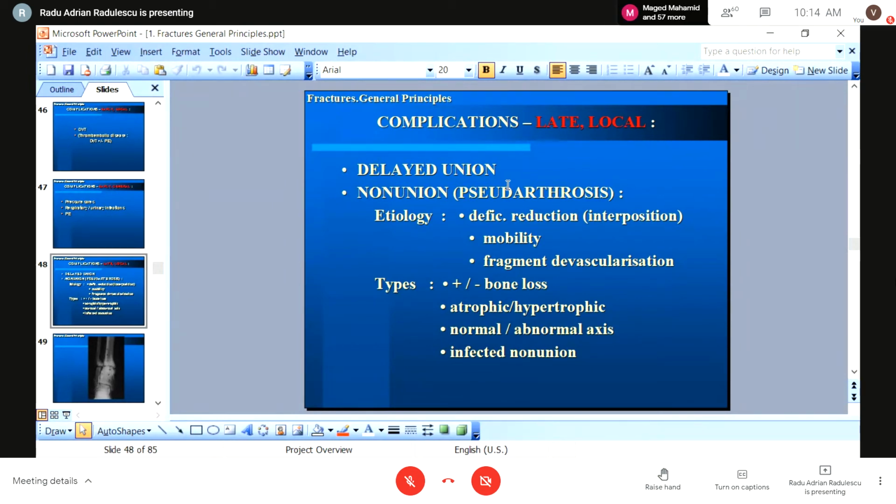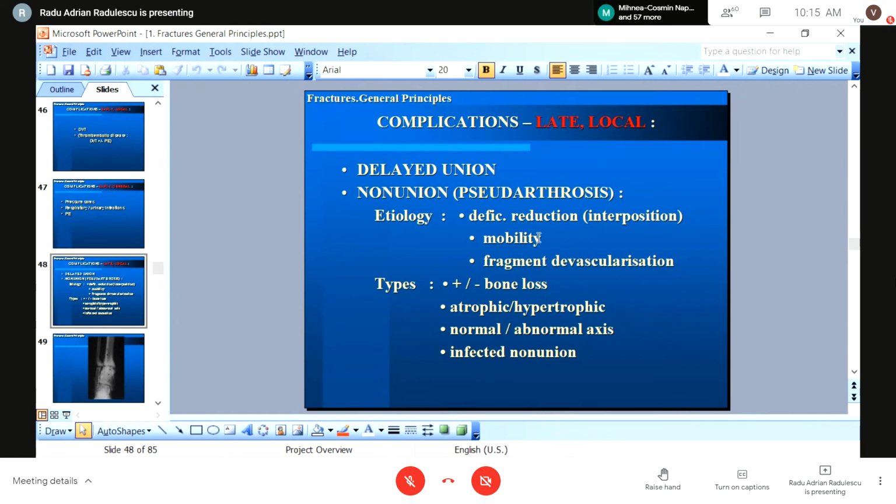If the union of the bone is not present even after more than 6 months, then we may speak about a non-union, which is also called a pseudarthrosis. The main etiology of the pseudarthrosis might be improper reduction of the fragments, especially with an interposition of soft tissues in between the fragments.